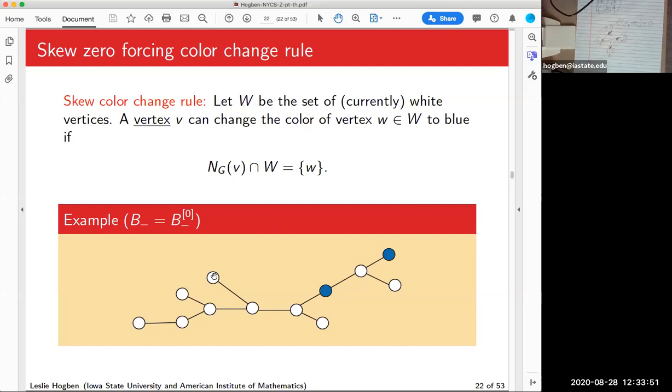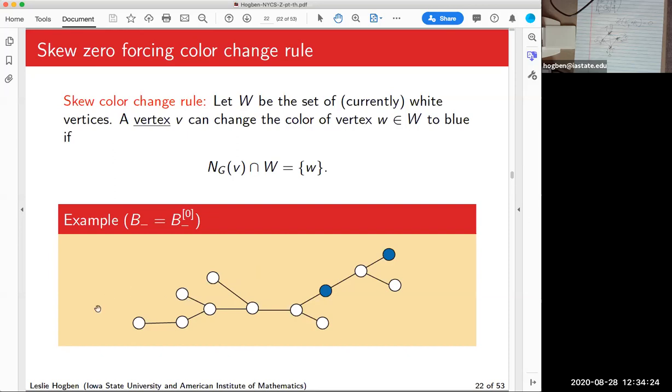what you can do is you can force in here, force in here, force in here, force in here, and force in there. And now you would be stuck because this one would not be blue. And this one would not be blue. Wait, but those would be the only white neighbors of a. And so this vertex and these 2 would never get forced.